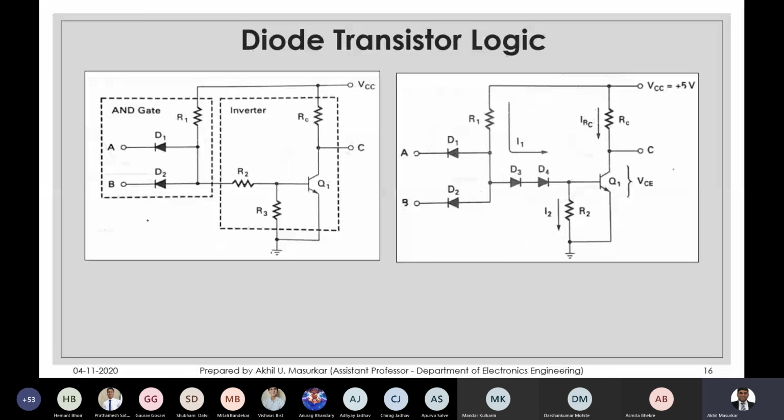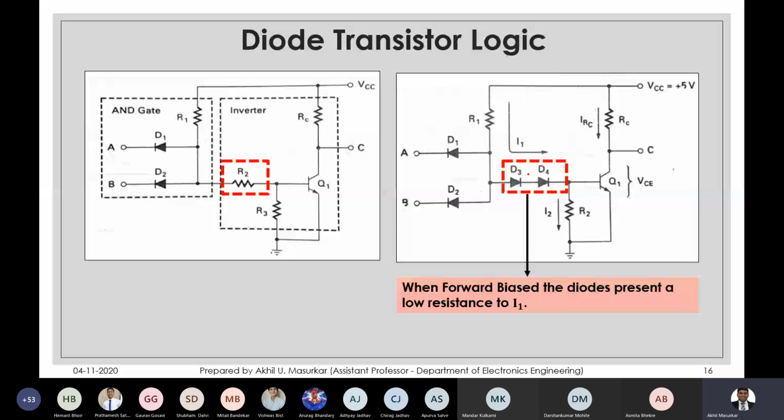You can see this was our previous circuit only, the same one as before. But you can see that this R2 has been replaced by two back-to-back diodes. The reason is that when the diode is forward biased, it presents a low resistance to I1.